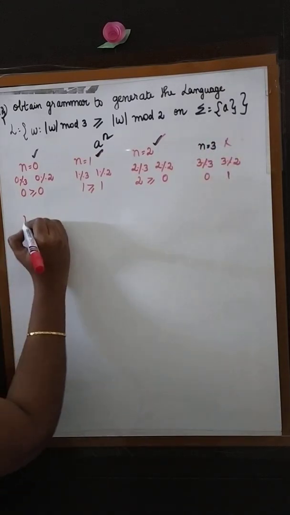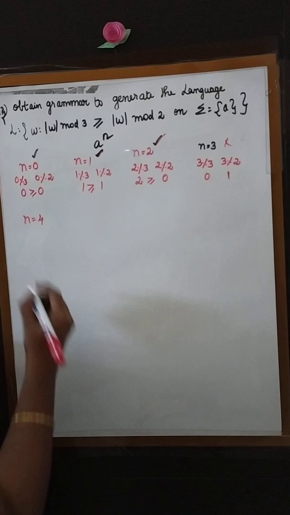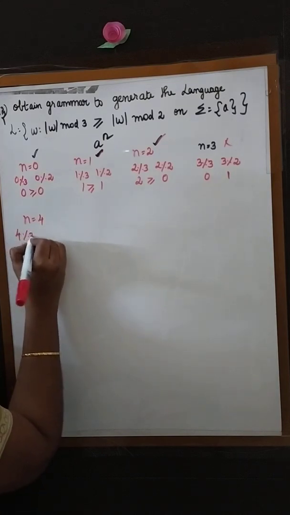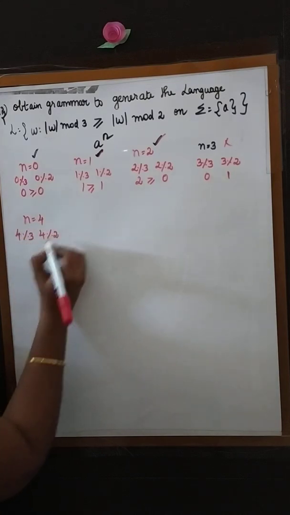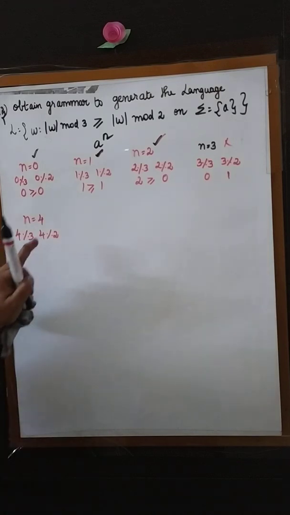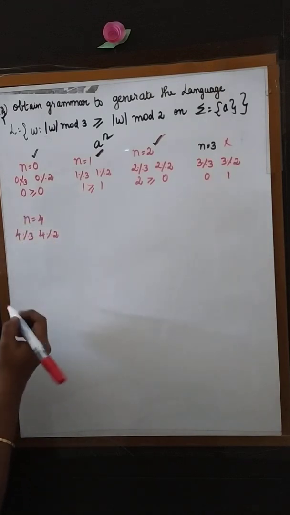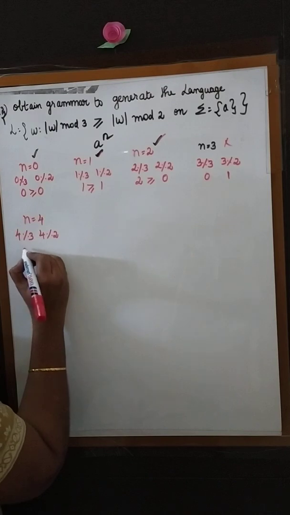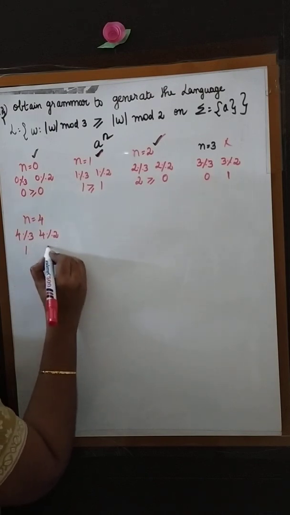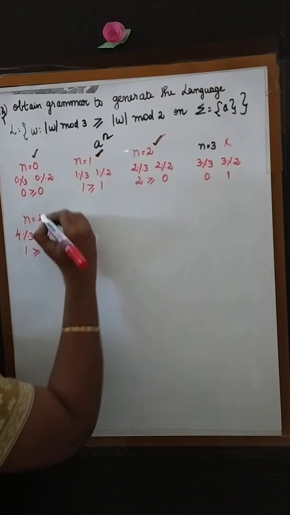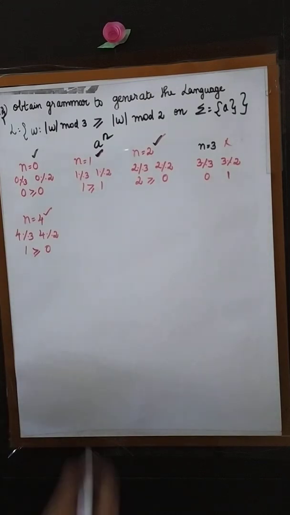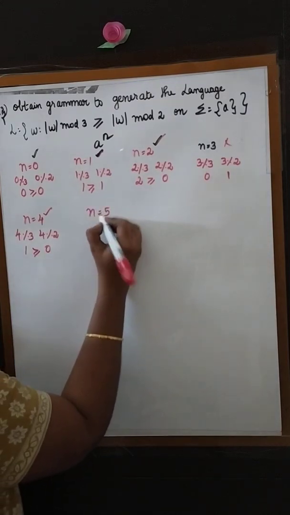Next, when n equal to 4, 4 modulo 3 and then 4 modulo 2. It is the length only, no? That is why we are writing like this. We'll get 1 and here 0, which is also greater than or equal to. We'll take this also.